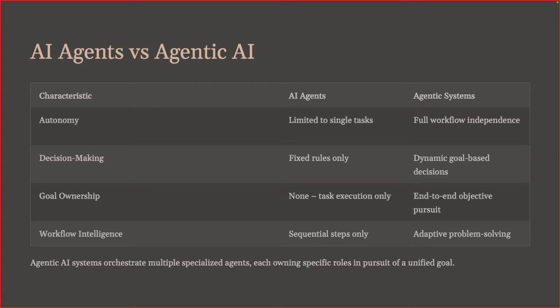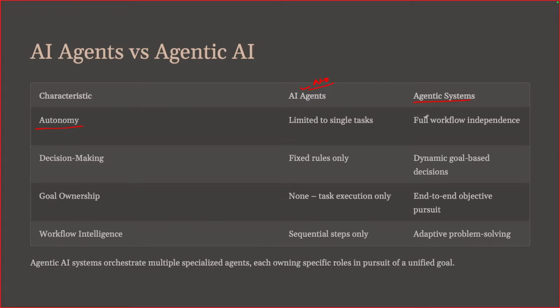Okay, now let us understand the difference between AI agents versus agentic agents. During the start of the session, we touched on this at a high level, but now let us put it in a very structured way and try to understand. The first thing is autonomy. Can it work 100% autonomously? The answer for AI agents is no. We need some supervision, that we have seen in the previous slide.